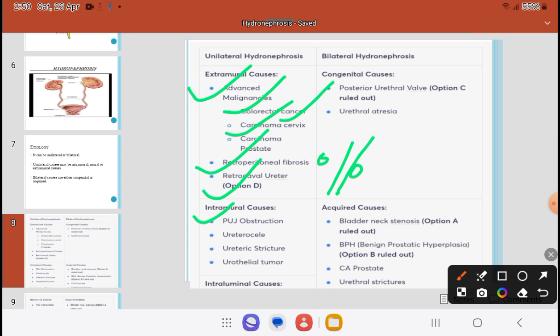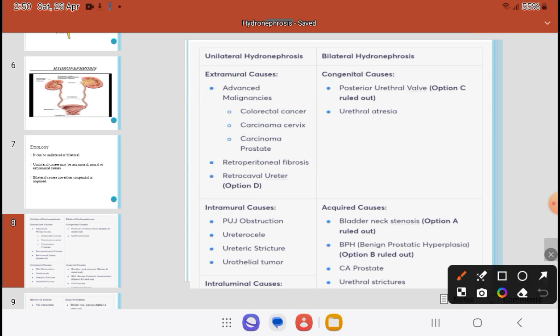Next is ureterocele, which we will discuss later, and urothelial tumor and stricture formation are also intramural causes of unilateral hydronephrosis.